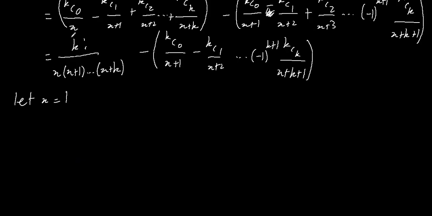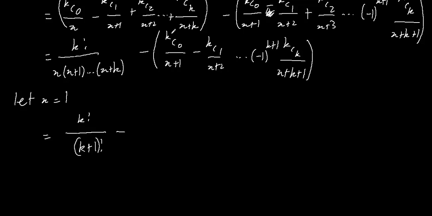This thing becomes k factorial over, well, this just becomes k factorial anyway, because it's just 1 times 2 times 3, and so on. That's also k factorial. No, this is k plus 1 factorial, because this last term becomes k plus 1, which is k plus 1 factorial.